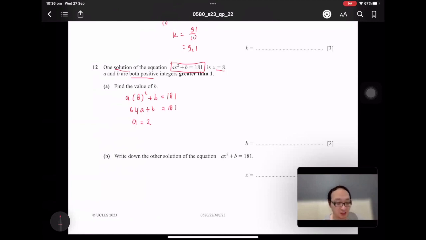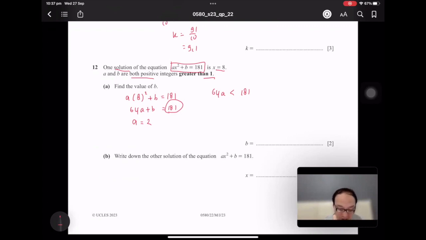It cannot be 3, because 64 times 3 equals 192, and that exceeds 181, because B cannot be negative. It should be positive. So 64A should be smaller than 181. So A should be only 2, because A cannot be 1. It should be greater than 1.